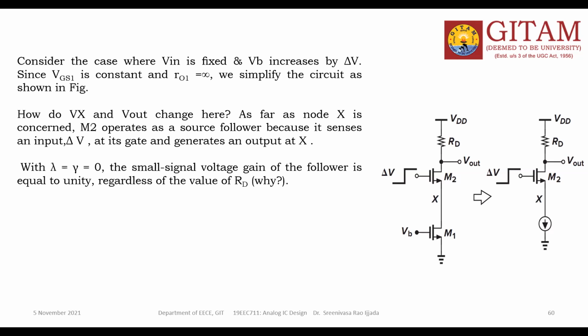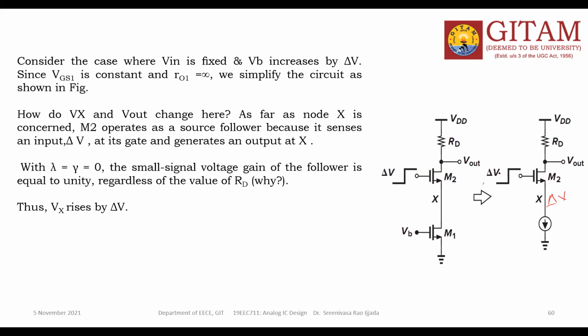Whatever the input voltage change at the M2 gate, an equal amount of change will take place at X. Then the gain is 1. Whenever we talk about this node X voltage, forget about the drops across RD. So Vx will rise by some value of delta V.